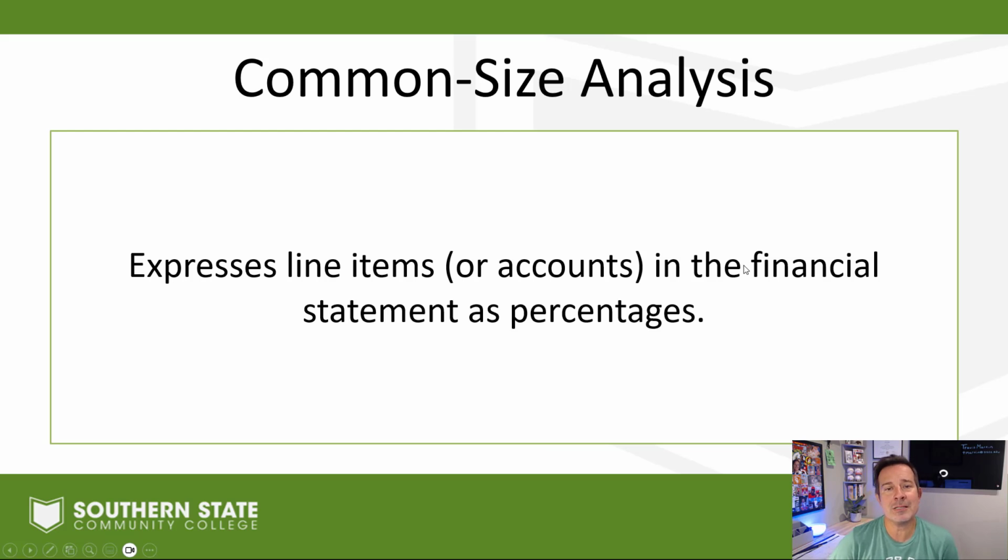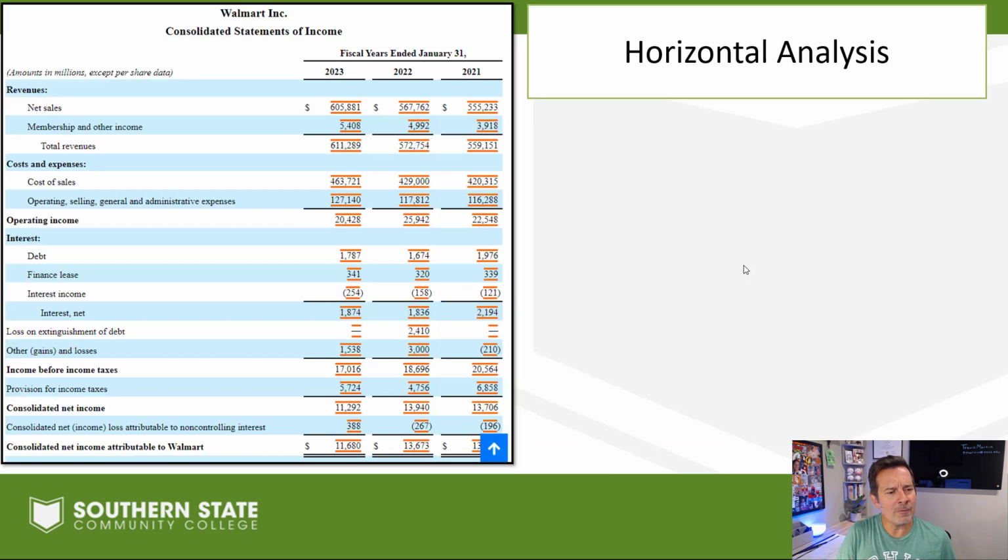In a common-sized analysis, we just take all the items on the financial statements, all the accounts on the financial statements, the income statement, the balance sheet, and we express them as percentages instead of dollar amounts. And so in our video on horizontal analysis, if you haven't had an opportunity to look at that yet, I suggest you go check that out and you'll understand what I'm talking about.